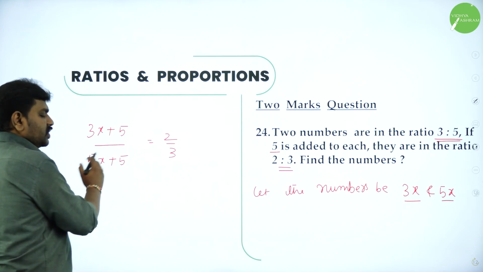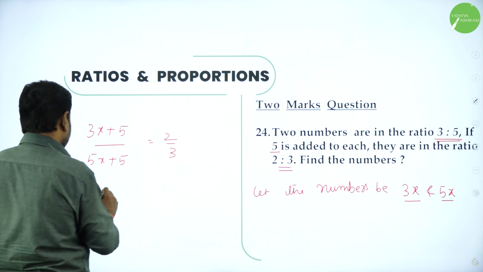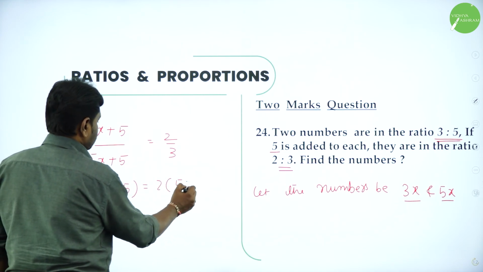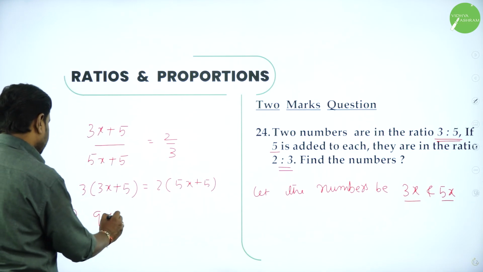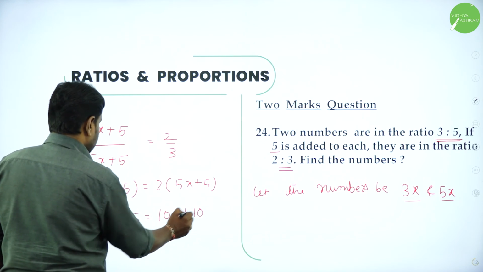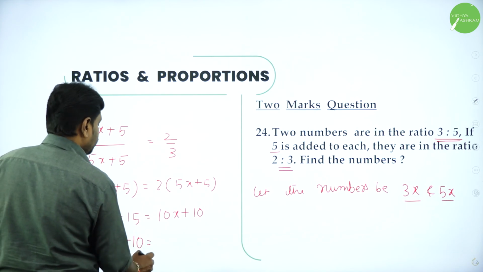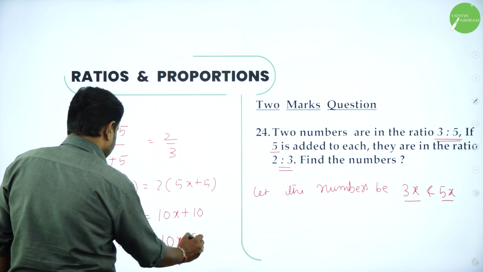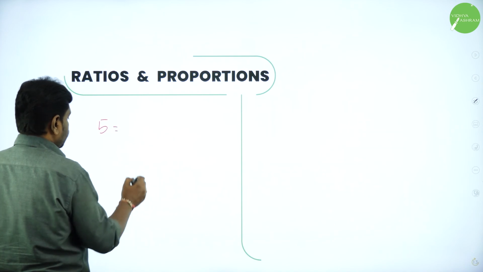When you add 5 to each number, the ratio will become 2 is to 3. Now cross multiply. So 3 into (3x plus 5) equal to 2 into (5x plus 5). Now simplify this. 9x plus 15 is equal to 10x plus 10. Rearrange. 15 minus 10 is equal to 10x minus 9x. 15 minus 10 is 5, equal to x.